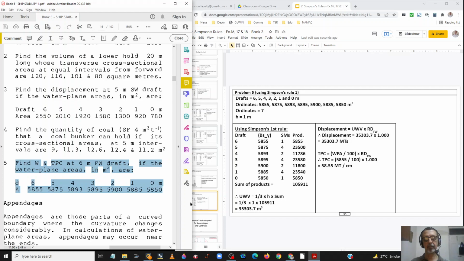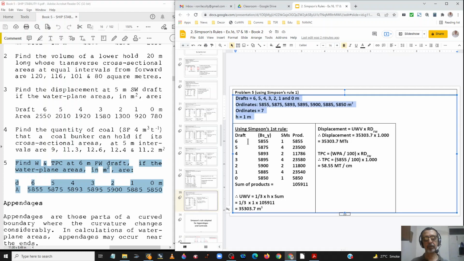The values given in the problem are these. 7 ordinates are given. H is equal to 1. So I am going to use Simpson's first rule. Against the draft, I have got the ordinates, the Simpson's multipliers and the product. When I add up all the products, the sum of the products is equal to 105,911.